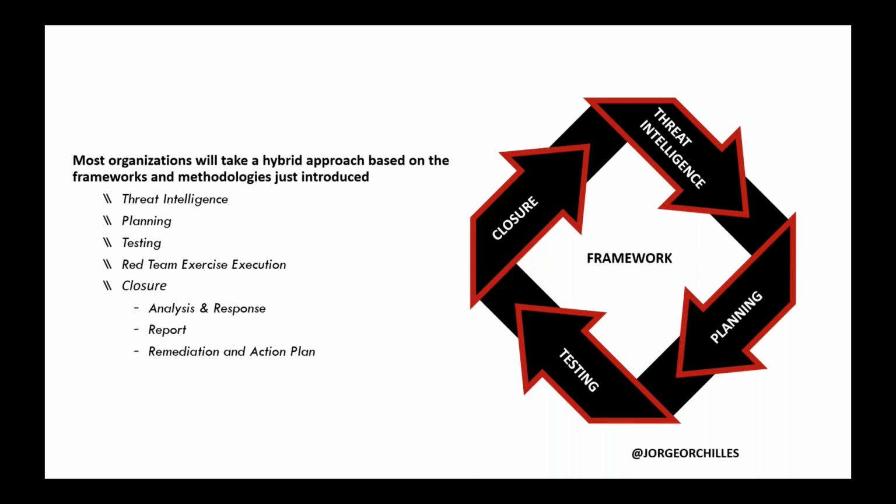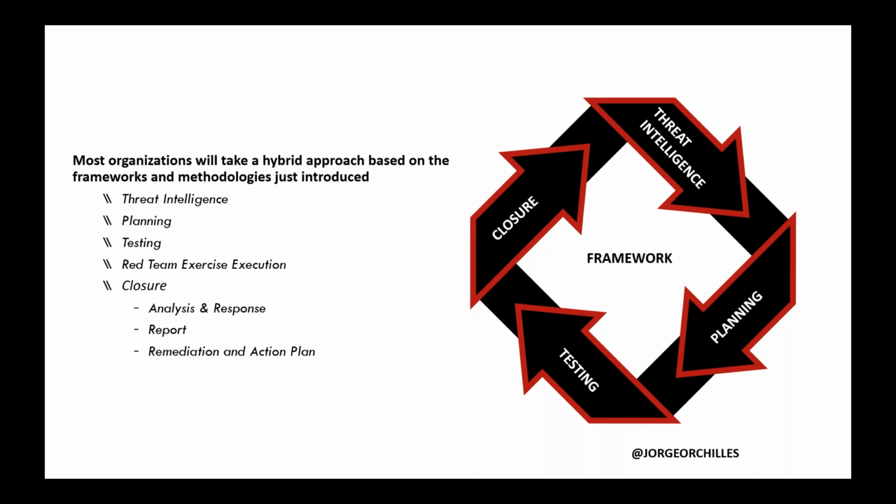How did the processes work? What were the times to detect? And then you create your report like most of the time, and it leads to remediation and action plan. I have a very nice section at the end here of a great way that you can use a tool called VECTR to track these exercises and show value as you do more red team engagements over time.